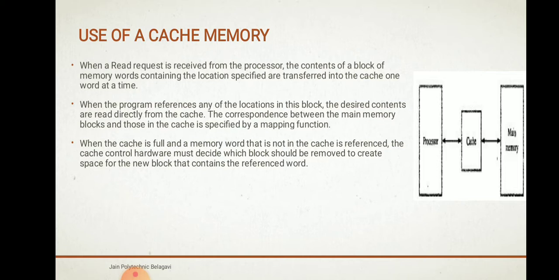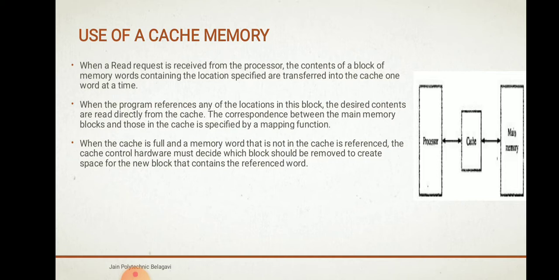Now whatever main memory blocks are there, all are fed into the cache. But if the cache becomes full and a memory word that is not in the cache is referenced, so if you are searching for a word that is not present in the cache, at that time the cache controller must decide which block should be removed.